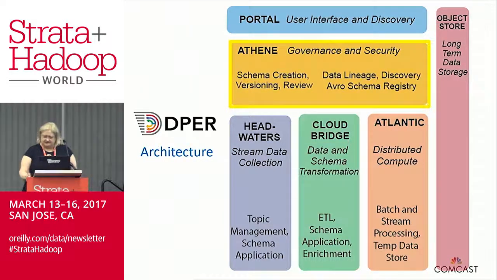We have data, it comes into Kafka topics. It gets transformed, or it may not get transformed. Often it gets transformed in various ways through various processes and then gets stored in the data lake. Now, and this is the part that I've been talking about, the Athene governance and security area, where we do schema creation, reviewing, lineage discovery.